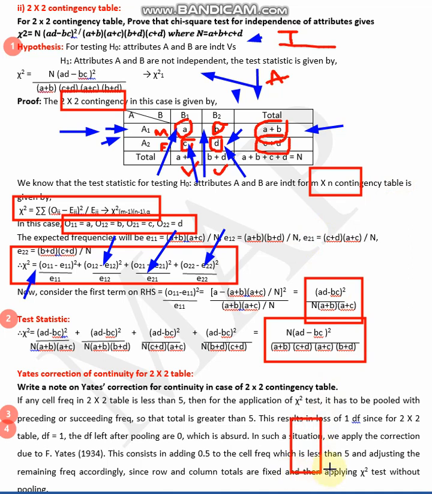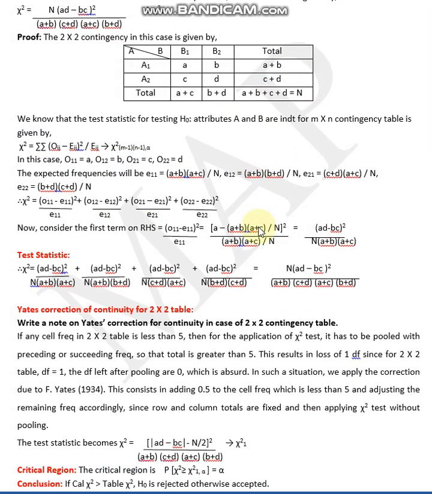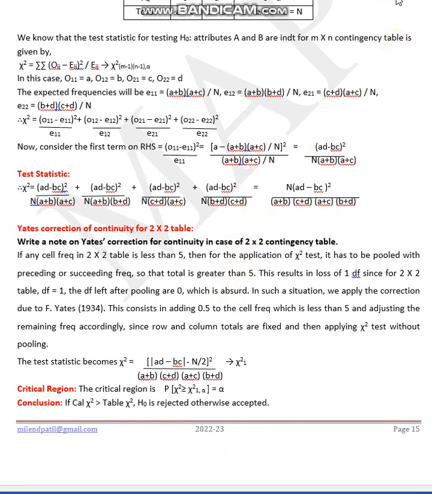Suppose any cell frequency is less than 5, we need to adjust this value and adjust the remaining frequencies accordingly, since row and column totals are fixed, and then apply the chi-square test without pooling. So the chi-square test in this case now becomes (AD minus BC minus N by 2) square divided by (A plus B), (C plus D), (A plus C), (B plus D), which follows chi-square with 1 degree of freedom.